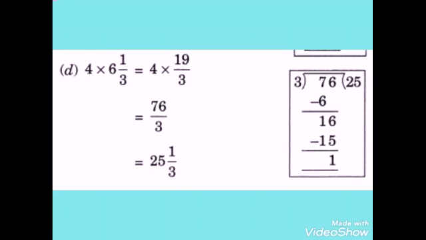Now it will become 4 into 19 by 3. So 4 into 19 is 76 and the denominator is 3, which is equal to 76 by 3. While dividing 76 by 3, the quotient is 25 and the remainder is 1. So 76 by 3 is equal to 25 1 by 3.